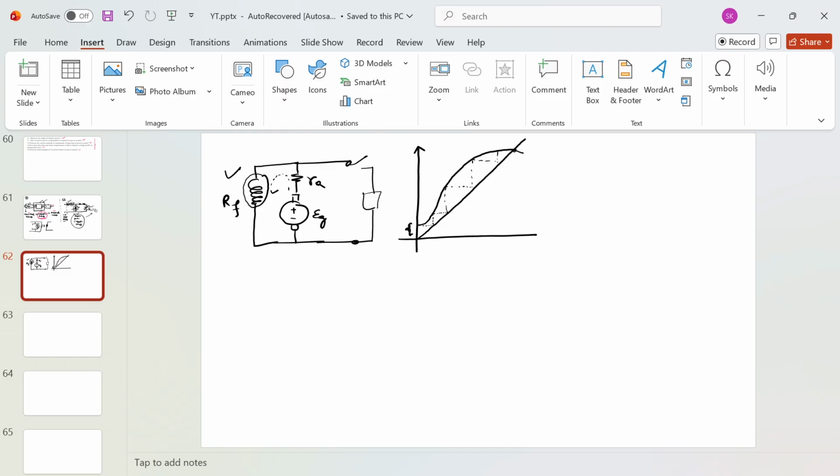Even the same thing happens with the synchronous motor and alternator. If you don't give any kind of excitation, if you see the synchronous generator, let me take one example.